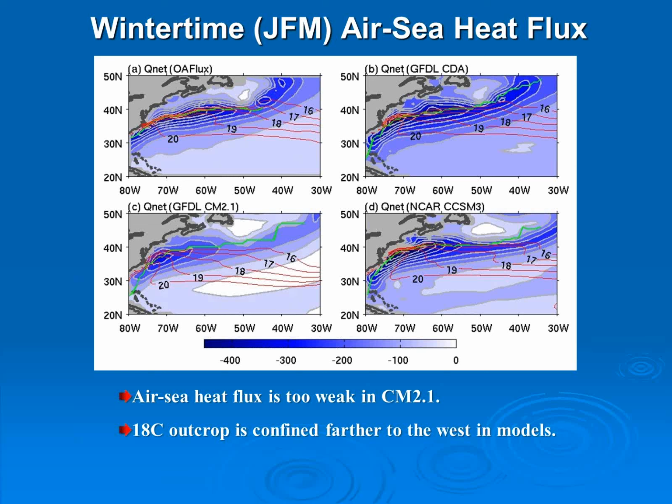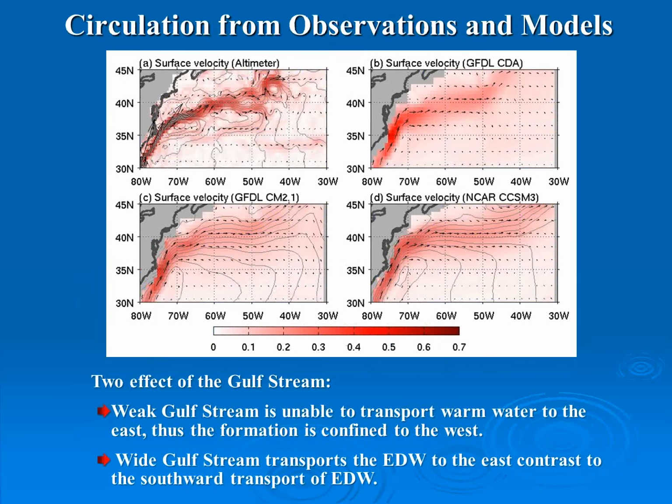This explains why the formation is also constrained to the west in CM 2.1. So the distribution of EDW formation is likely related to the representation of the Gulf Stream system in the models.